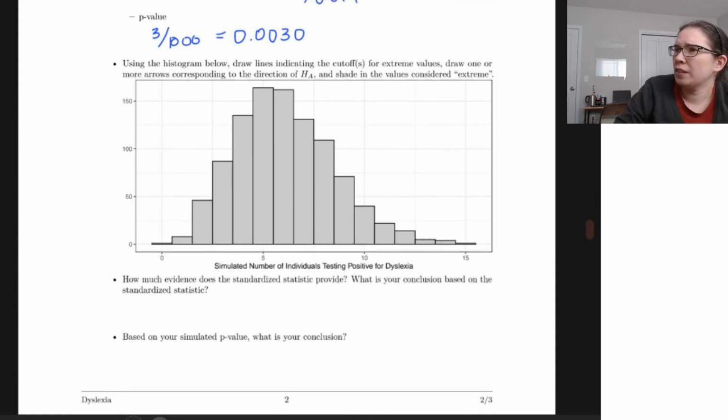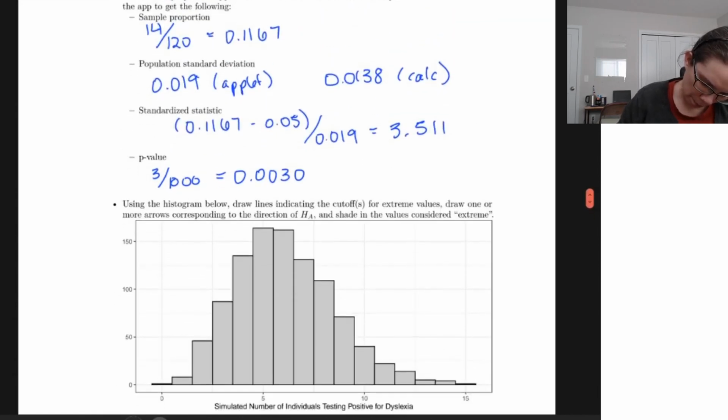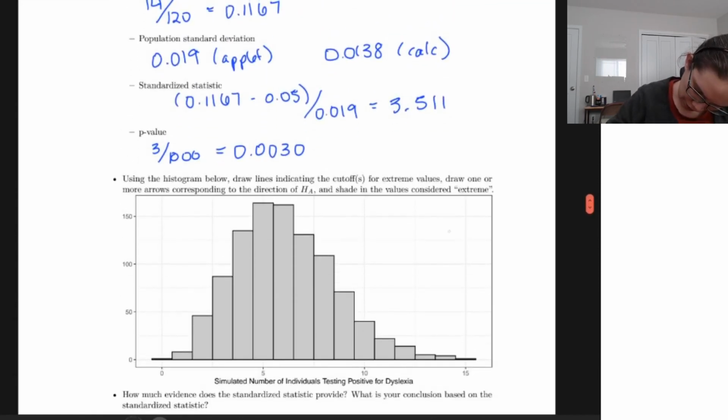Now, using the histogram below, draw lines indicating the cutoffs for extreme values. Okay, so we have 14. Okay, so this is 15. This is 14.